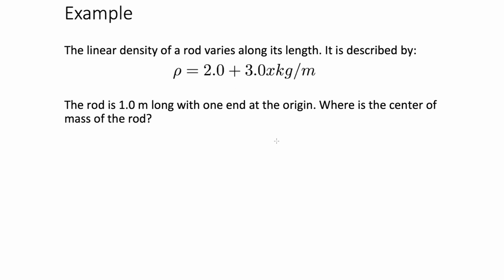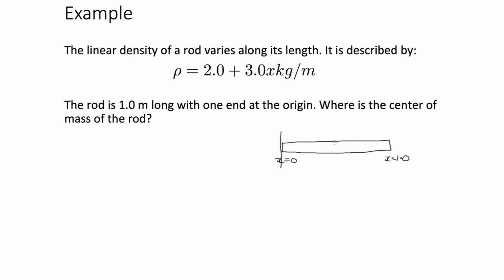So let's sketch our rod here. And we're told that one end is at the origin, so this is x equals 0. The linear density varies along its length, and it's described by this equation, and it's 1 meter long. So the other end of the rod is at x equals 1 meter.